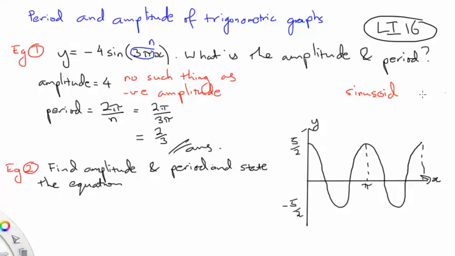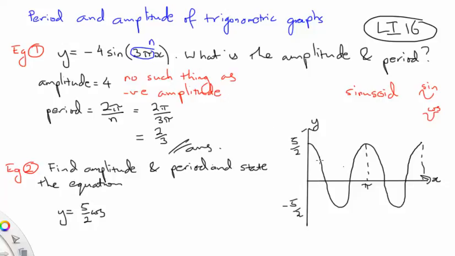You can remember that that one's your sine, and that one's cosine. So we know this is a cosine because it starts here. We also know the amplitude, which is good. So we know that y equals, we can read off the amplitude, 5 on 2 cos. Now let's see, the period is pi.